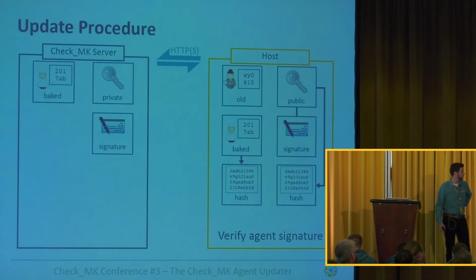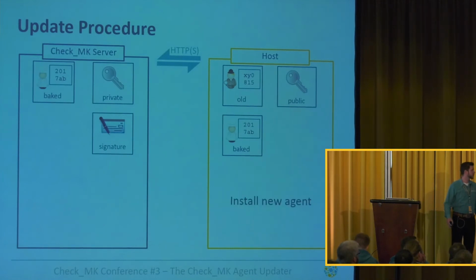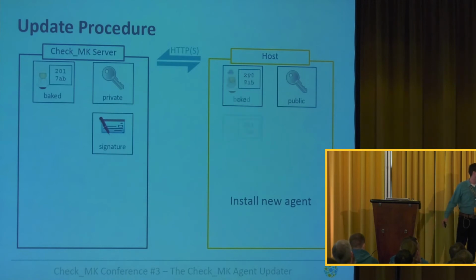We can do that with the public key, and that's the public key that fits the private key on the CheckMK server. And if we now have the same agent hash as a result, we can ensure that our agent really comes from the server and we can accept it. And then the agent updater says, okay, I'm going to install the agent via package management. So in my case, it's Ubuntu.